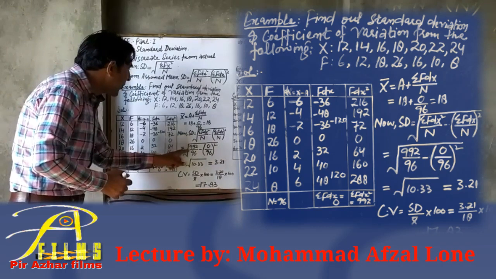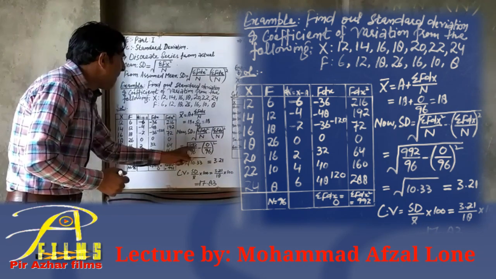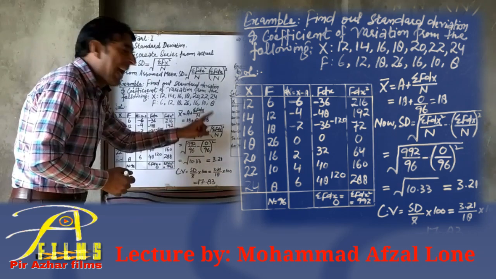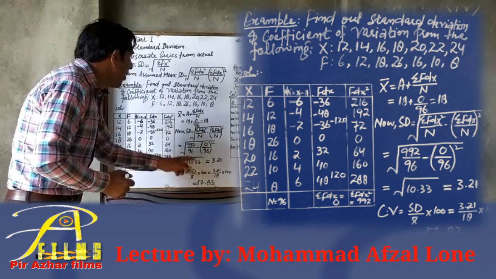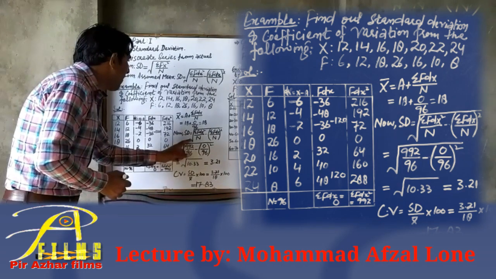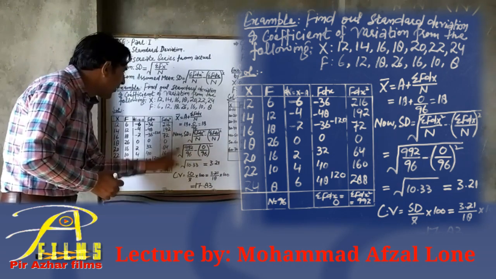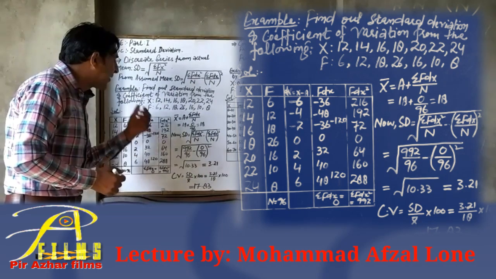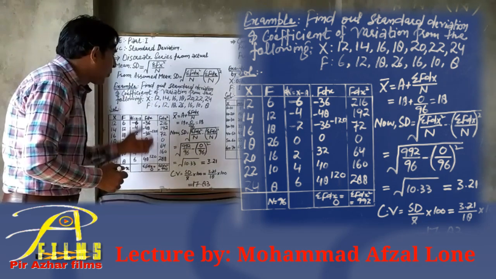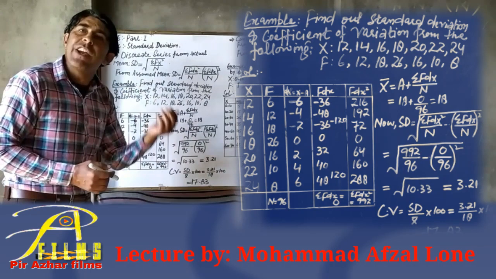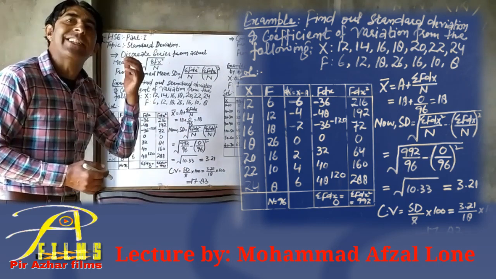Now 992 divided by 96 minus 0 into 0 divided by 96 into 96, which is equal to 0. Then 992 divided by 96 minus 0 is equal to under root of 10.33. Taking the root of 10.33, it is equal to 3.21. This is how standard deviation is calculated in the discrete series.